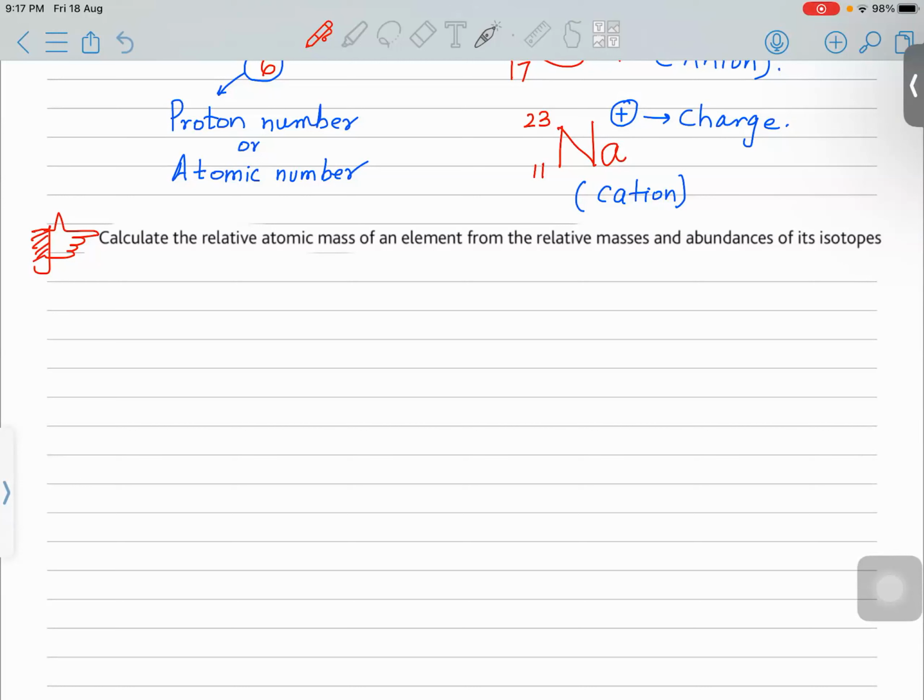Can anyone define what is relative atomic mass? Can you define? No, sir. So, anyone?